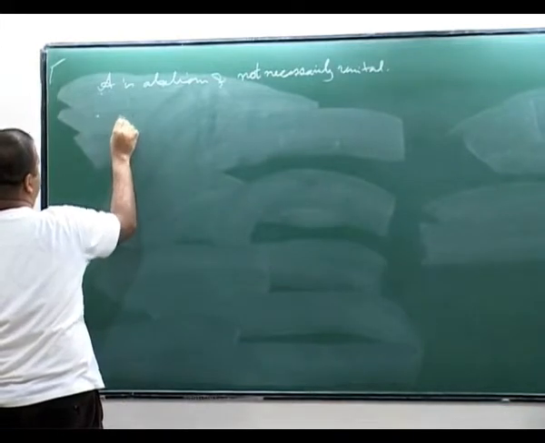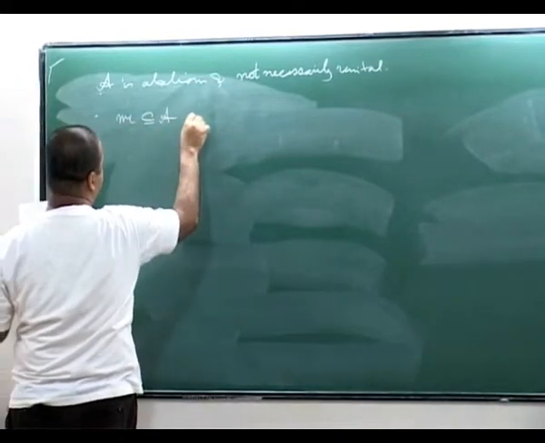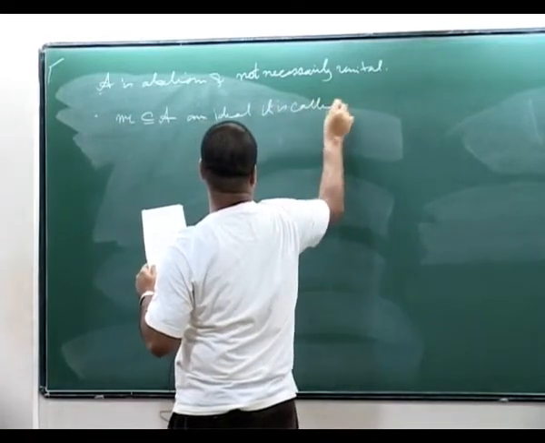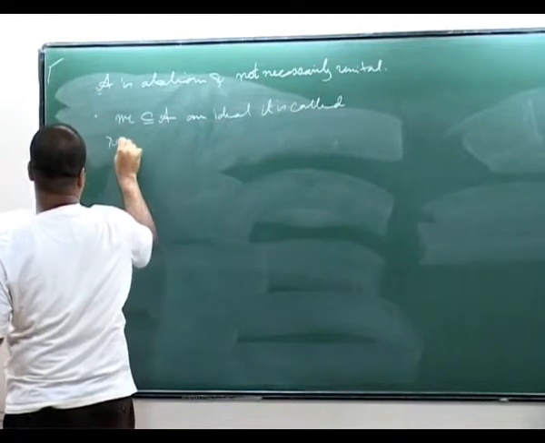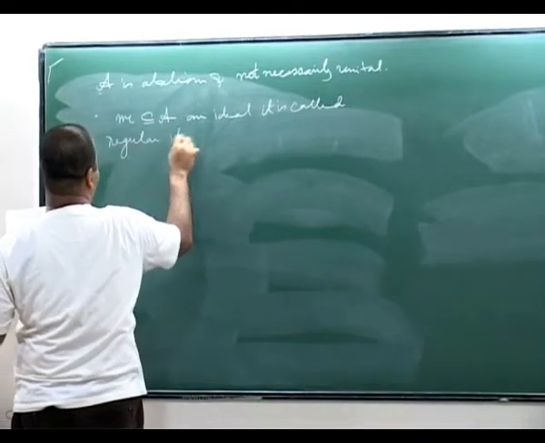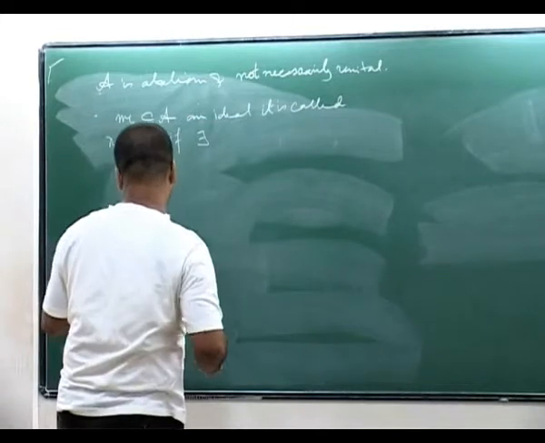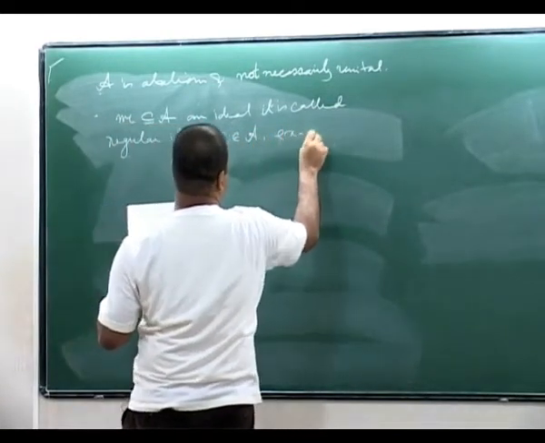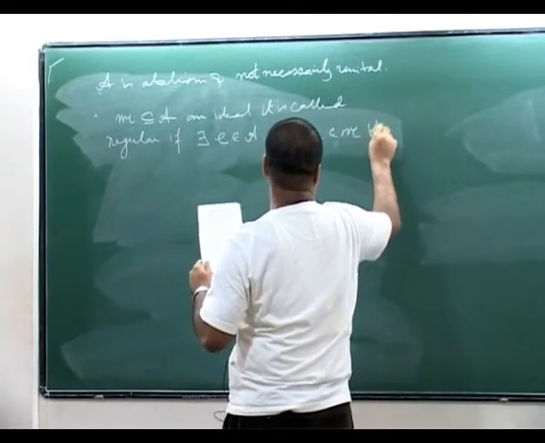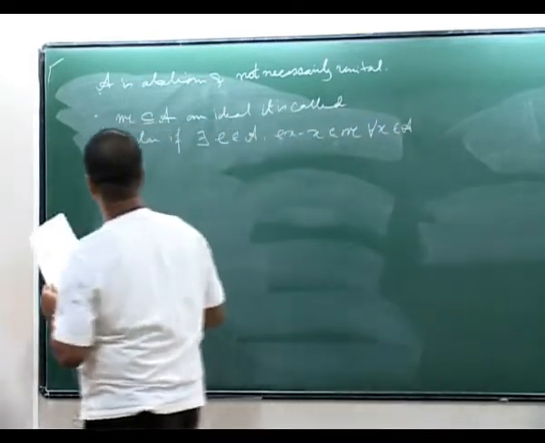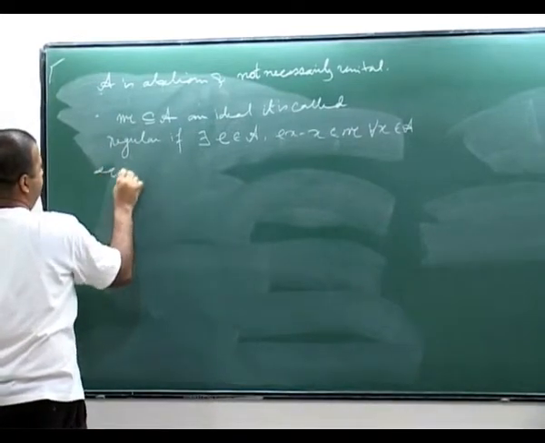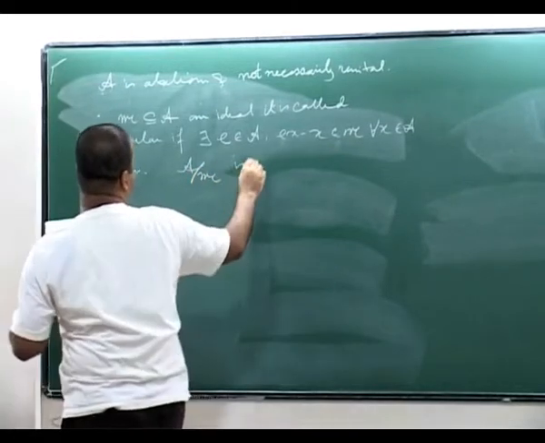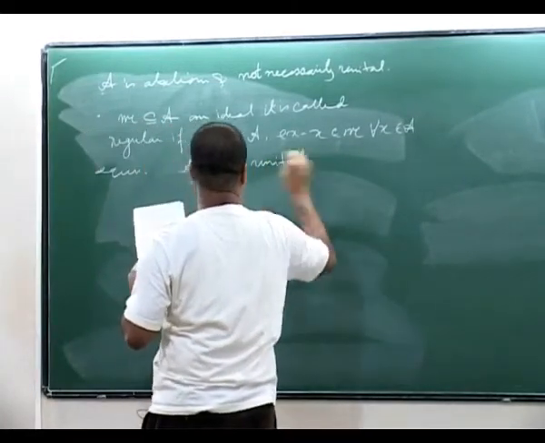So we have an ideal M, and it is called regular if there exists an element E in the algebra such that Ex minus x belongs to M for all x in A, or equivalently this algebra is unital.